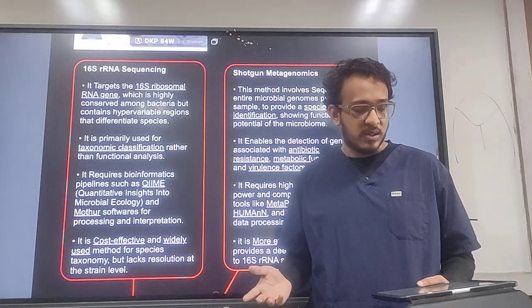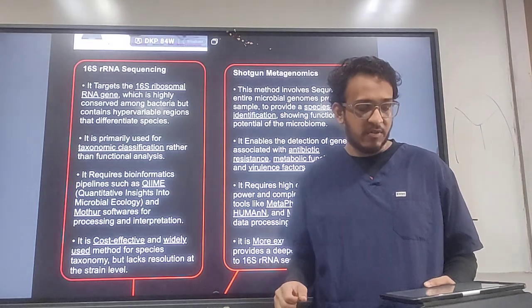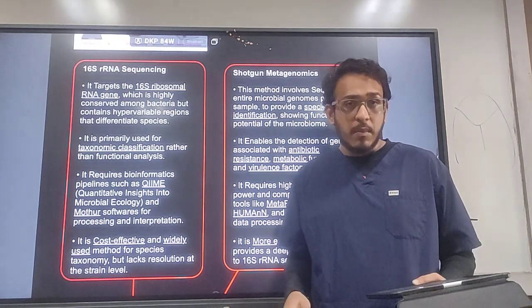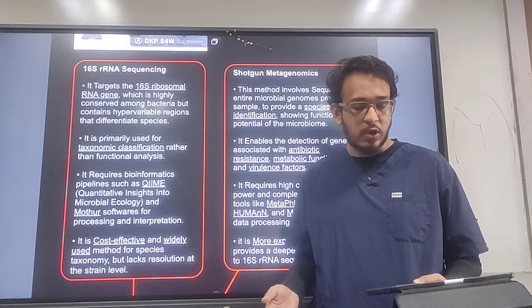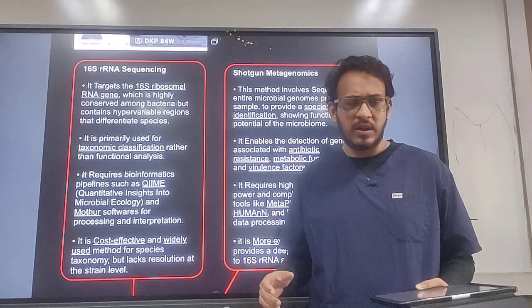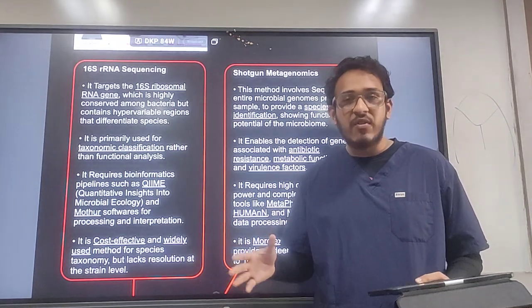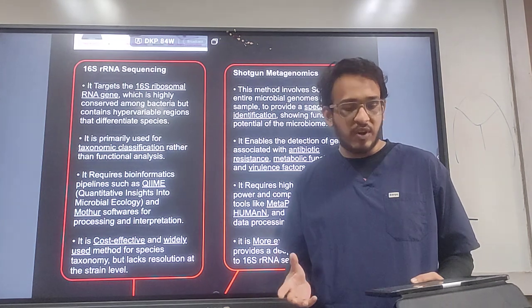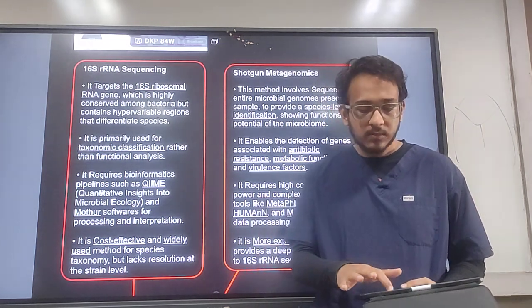This method is cost effective and widely used for species taxonomy, but lacks resolution at the strain level. So we can identify the species, but it is very difficult to identify the specific strain within the species.